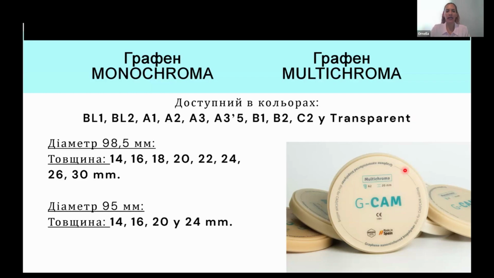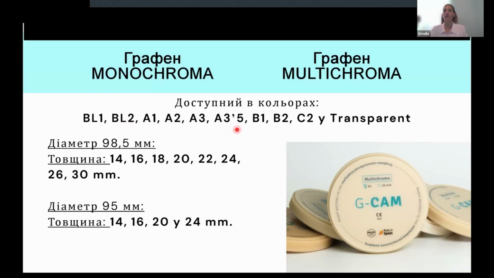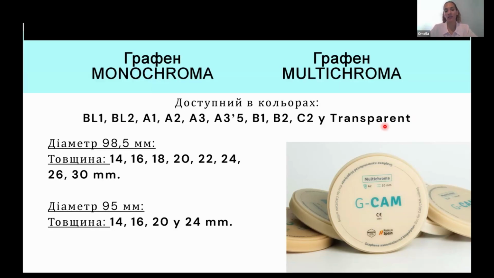Let you know that we have two bleach colors, BL1, BL2. Then we have A1, A2, A3, A3.5, B1, B2, C2. And the transparent, as I mentioned in the beginning, is for splint guides, for bruxism patients, okay?